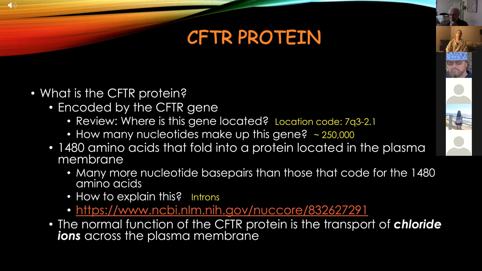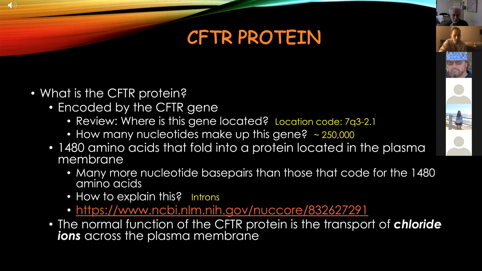Well, 3 means the region of the chromosome. It just designates a fairly large region. 2 means the band within region 3. And 0.1 means it's the first subband in region 3. So that's how you read a code, and you should know that just in case it comes up again.